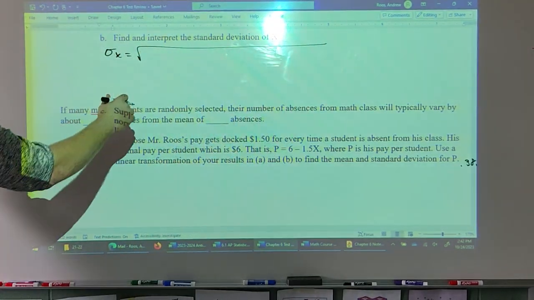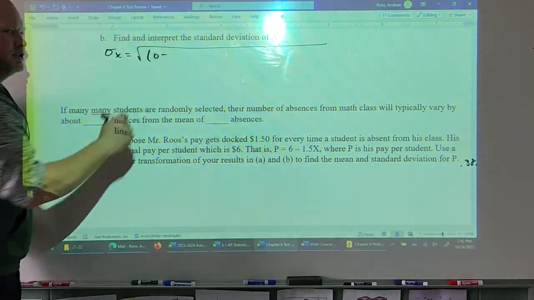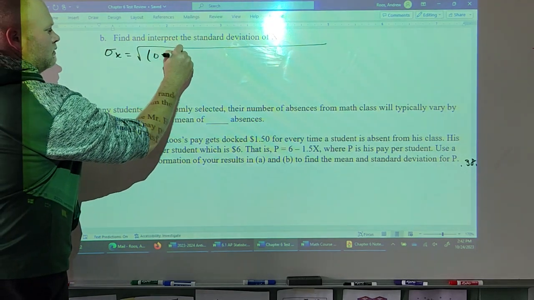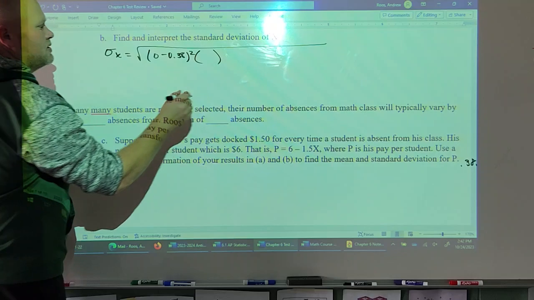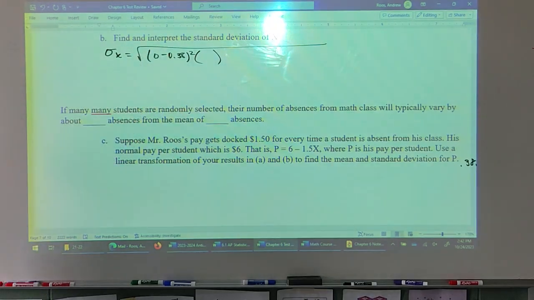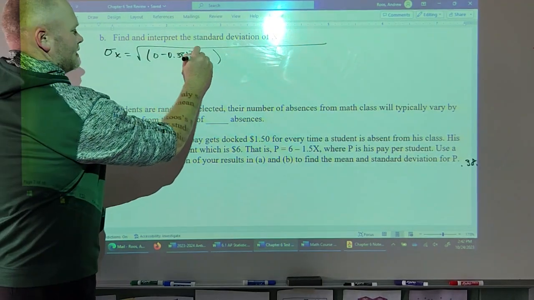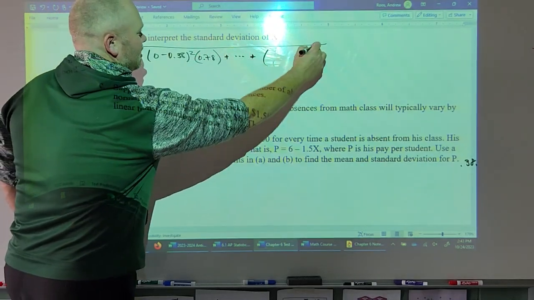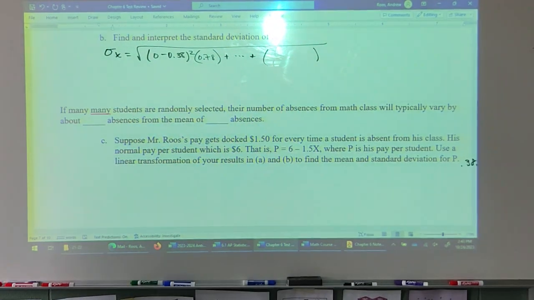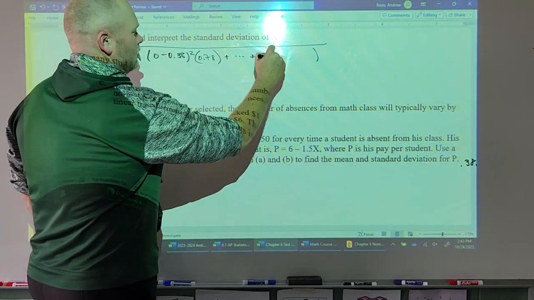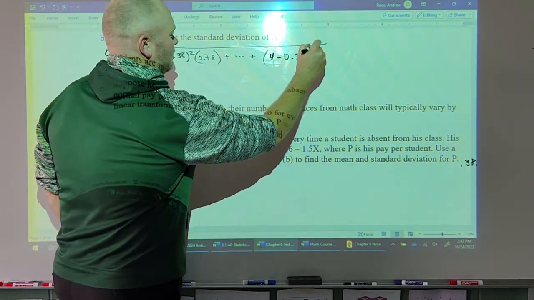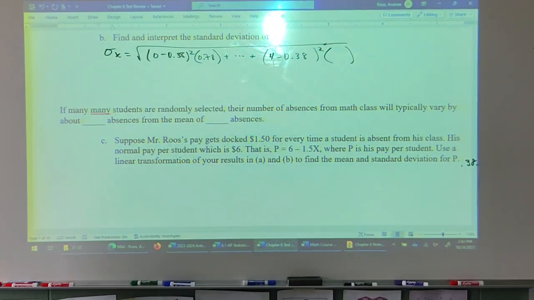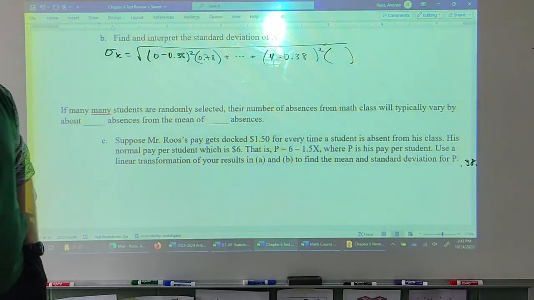First calculation would be the first data value, so 0 minus the mean, squared, times the probability of 0, which from that table was 0.78. Plus plus, and then show the last calculation with the data value of 4. So 4 minus the mean squared times the probability of the data value of 4, 0.01.